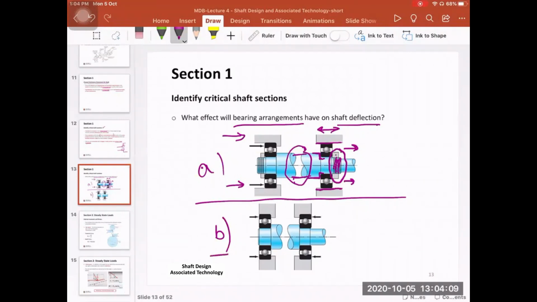If you look at B, you will find that if there is a force pushing this arrangement to the right, there is a reaction because of these shoulders. So the bearing does not move to the right. And if you have a force coming from the right, due to the arrangement here, the shaft and the bearing does not move.